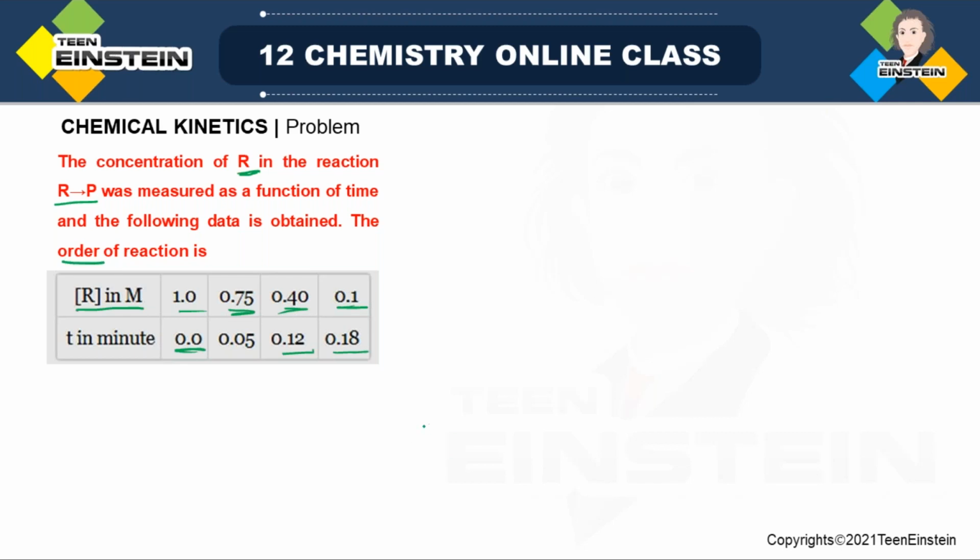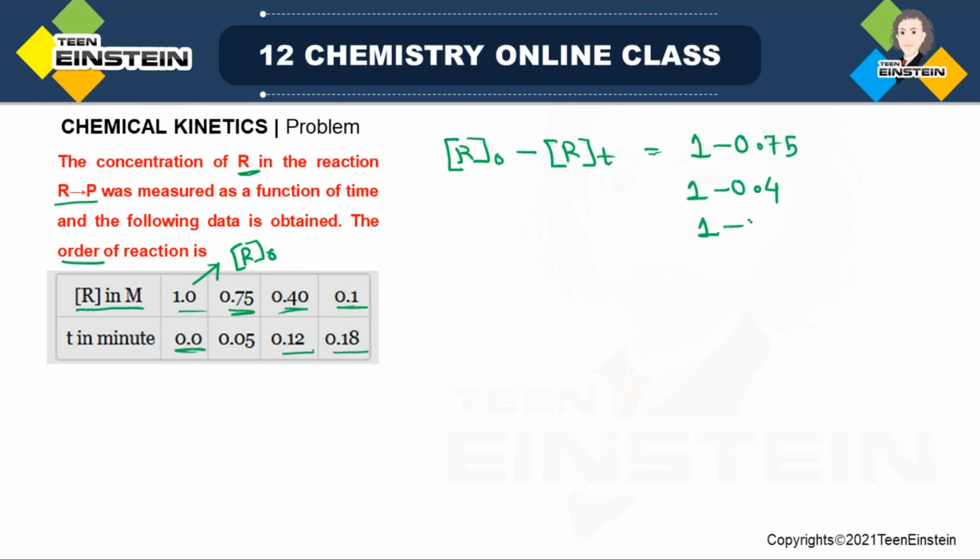Okay, question clear? So this is the initial concentration, R naught. Fine. So the difference between R naught and the concentration of R at time t is 1 minus 0.75 for the first one, then 1 minus 0.4, 1 minus 0.1, for different times.